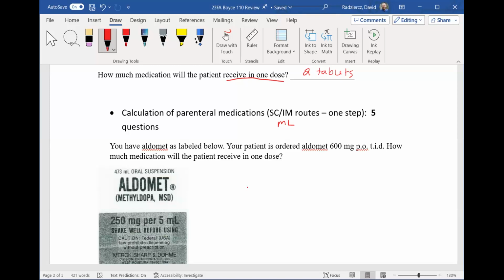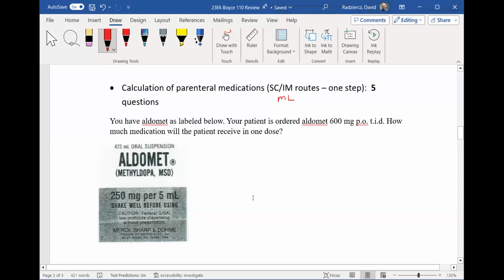But the approach to this is going to be exactly the same, and you're going to see this very similarly, whether we're talking about an oral-based suspension medication, which this is, it even says it in the label, oral suspension, or if it's an injectable. So we're going to look for a couple things.